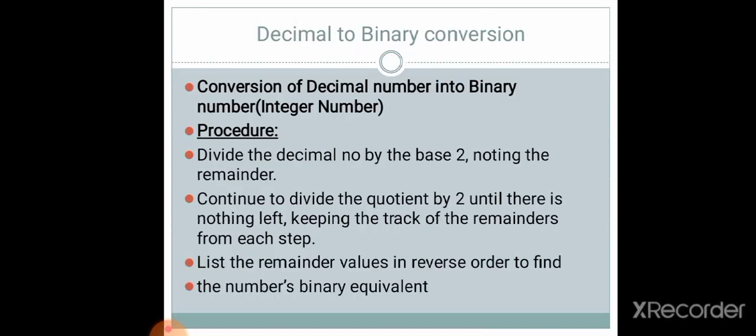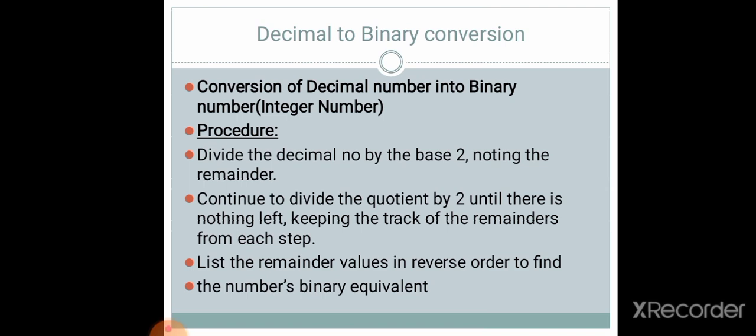So first we'll see how to convert a decimal number to a binary number. So the first conversion is decimal to binary conversion. For conversion of a decimal number into a binary number, the procedure is given on your screen. First divide the decimal number by the base 2.